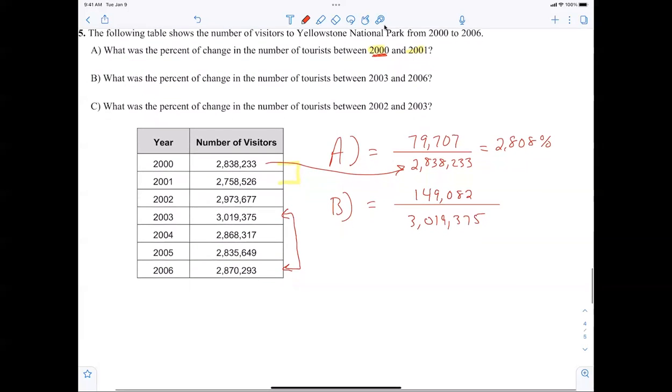Okay, so now tell me what the percent is. 4.937%. Is everybody okay with that? Everybody okay?